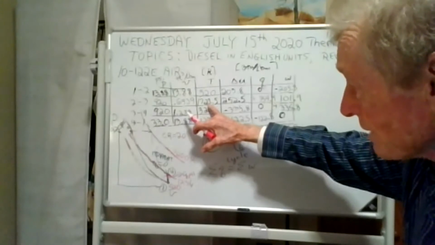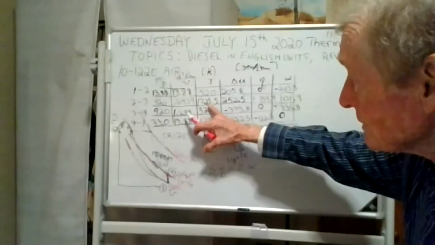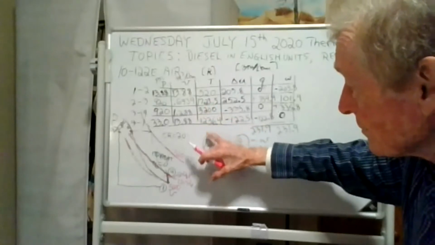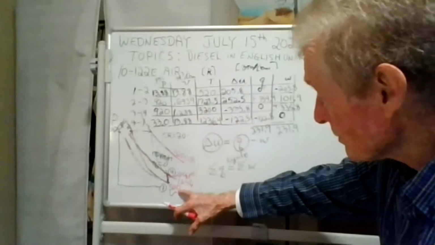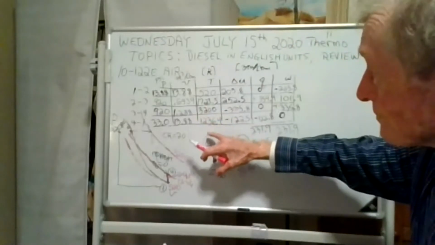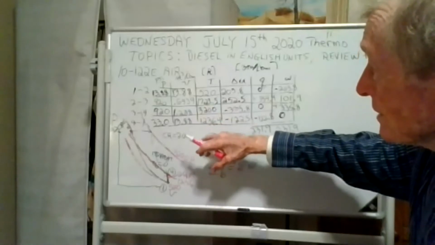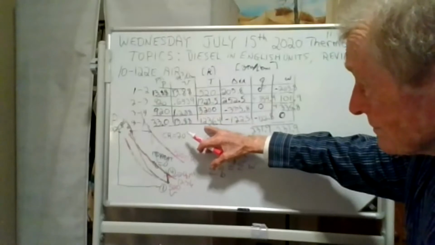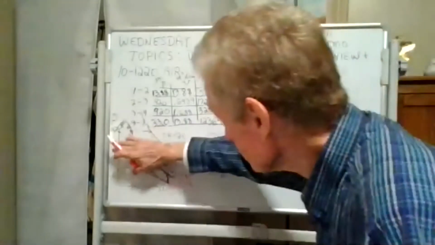It doesn't go through state 4. The coolest one is 520, but the next coolest goes through state 4. Yeah. All right.